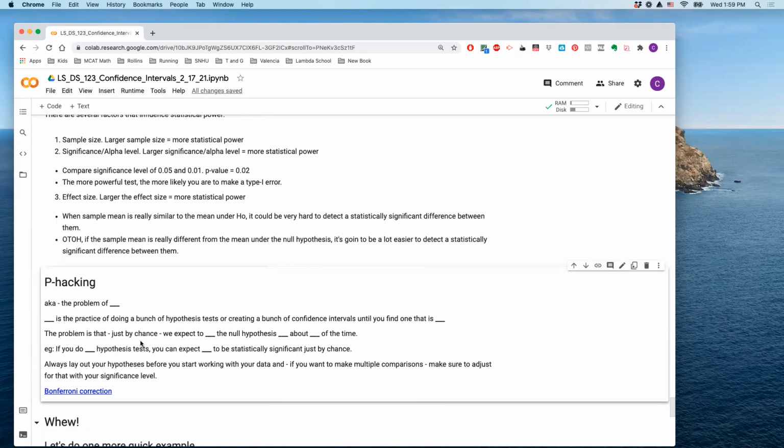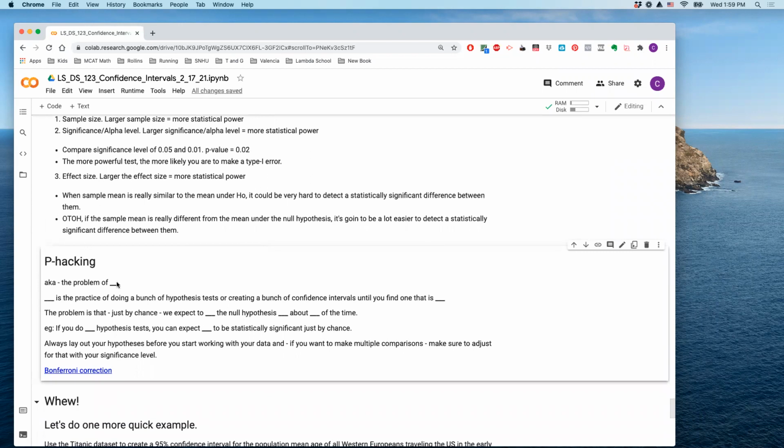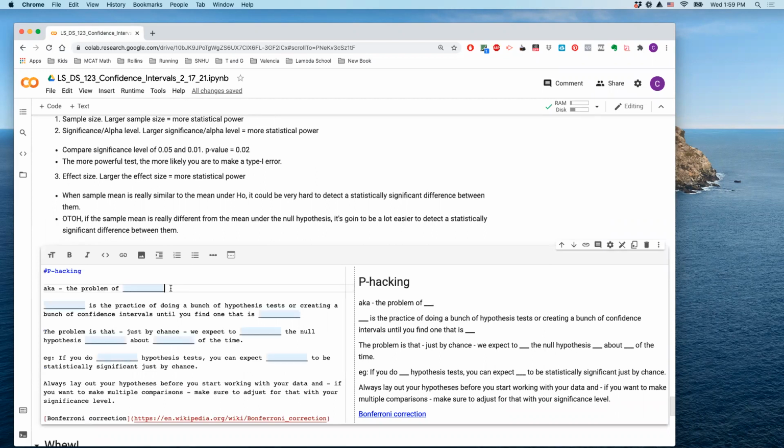Now, this p-hacking thing that I'm going to talk about here in just a second, and that was related to what Kyle was talking about earlier, this relates more to type 1 error. So p-hacking, AKA, is the problem of multiple comparisons.